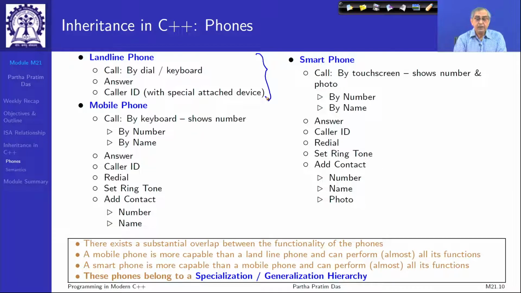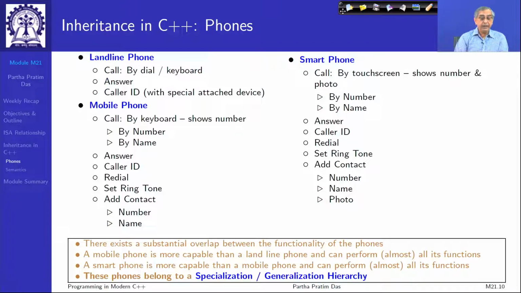A landline telephone will have very limited features or limited interface behavior. With that you can call, you can answer a call, and some landline phones, particularly little advanced ones or with a special attachment, can also show you the caller ID. That is, in case of an incoming call, you can see the phone number from where the call has been made, which was not usually available earlier.